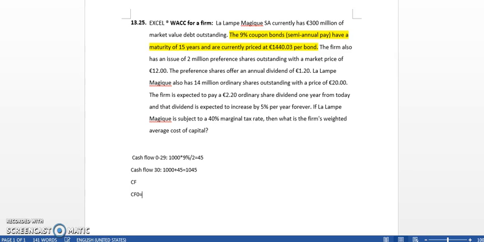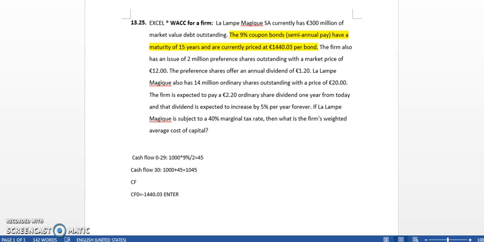CF0 is actually the current price of the bond. So we put in 1440.03, and remember there's a minus sign here because this is a cash outflow. I'm pressing it right now, and after that we press enter.